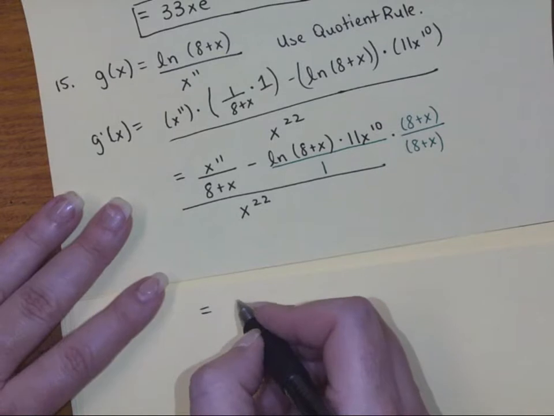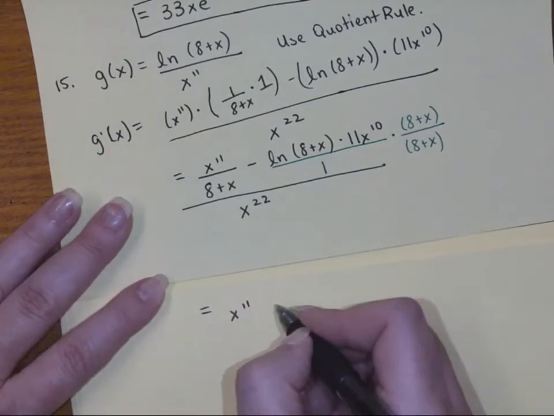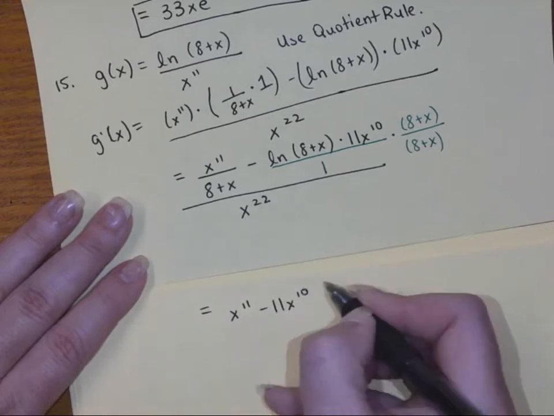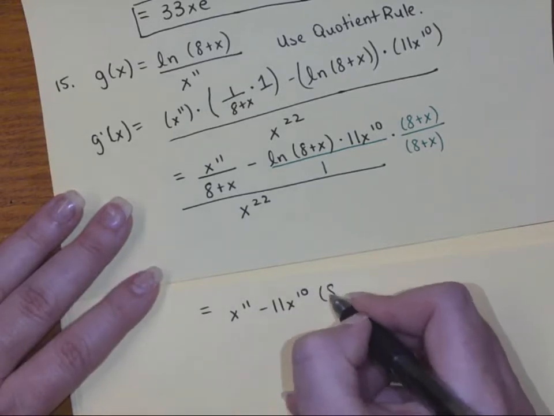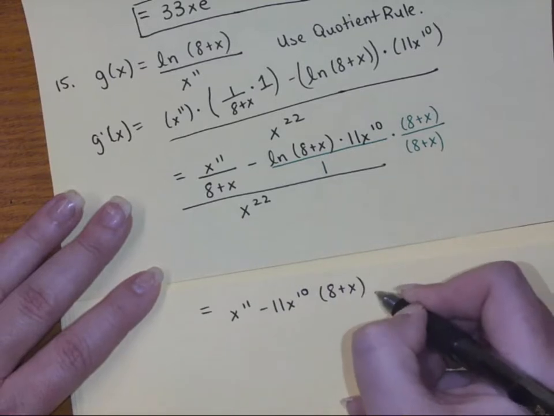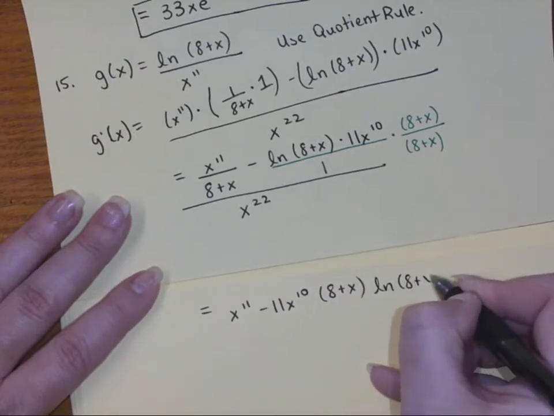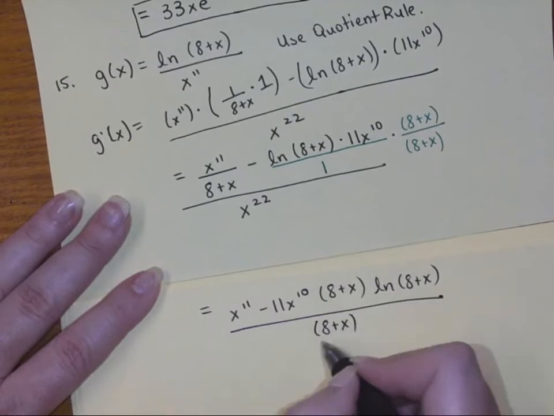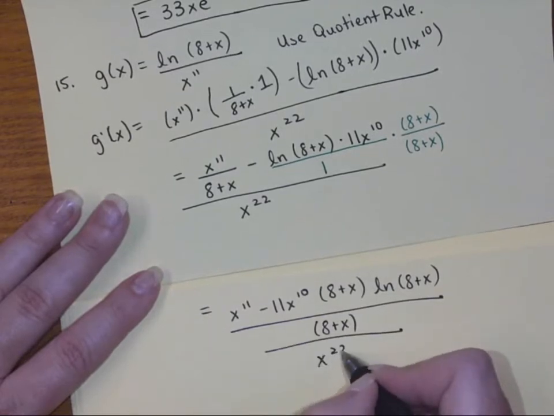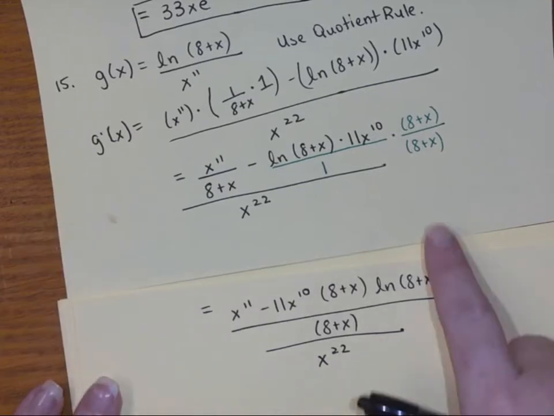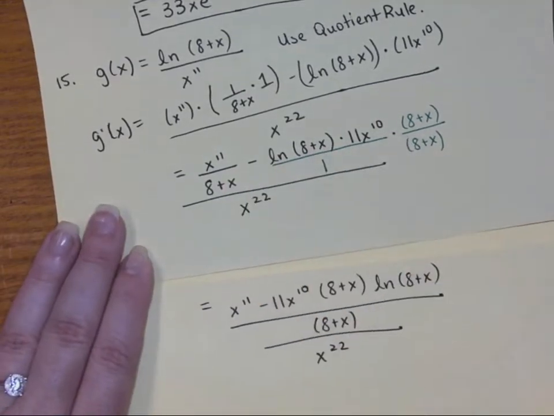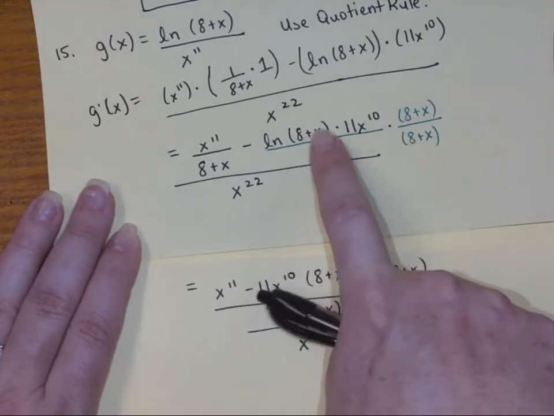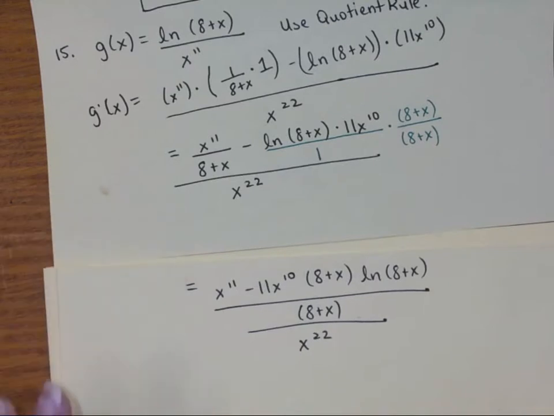So we're going to get x to the 11th minus 11x to the 10th times 8 plus x, and then times the natural log of 8 plus x. All I really did is reorder things, and that's over 8 plus x over x to the 22nd. Honestly, all I really did is combine these two fractions together since now they have common denominators. I did shift things around, right? I wrote this first, then this, then the natural log, but that's essentially all I really did.